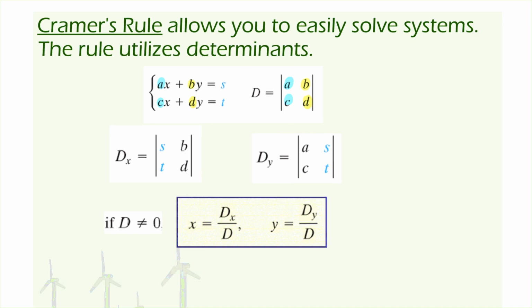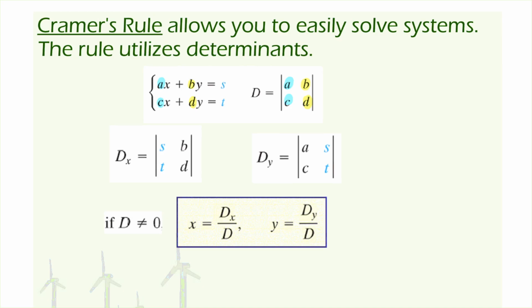So capital D indicates the coefficient matrix of this system of equations. As always, we do have to line up x's with x's, y's with y's, the equal signs, and then the constant terms.